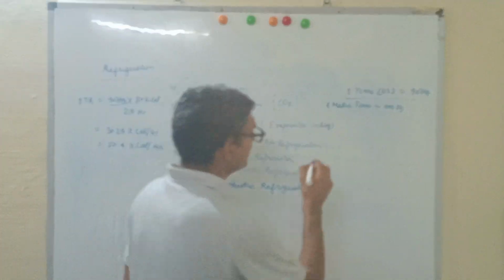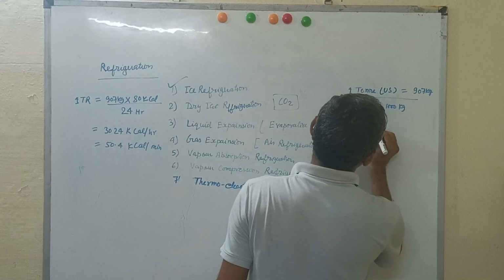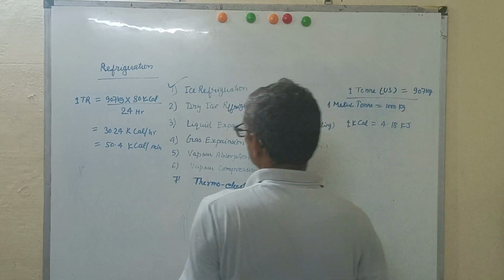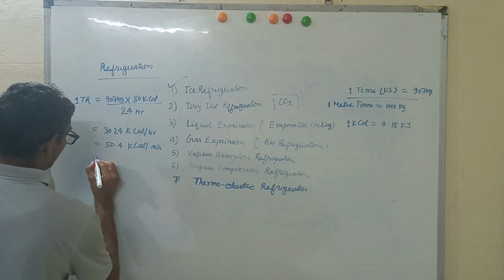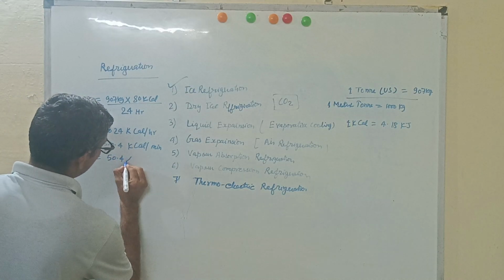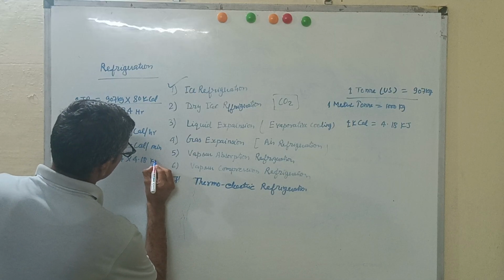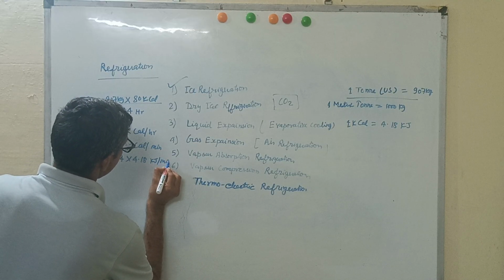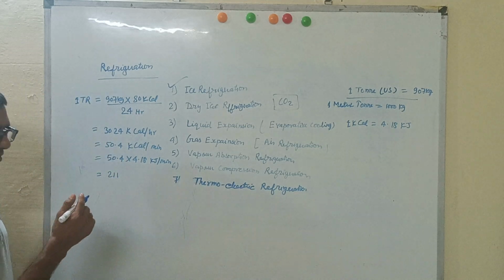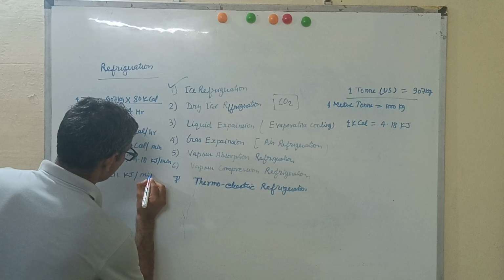Because 1 kilocalorie equals 4.18 kilojoule, putting this value we get 50.4 into 4.18 kilojoule per minute, so we get 211 kilojoule per minute.